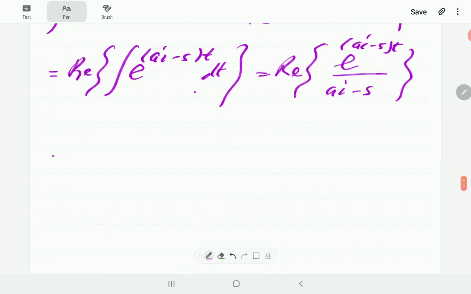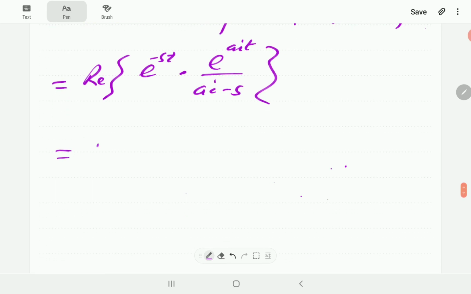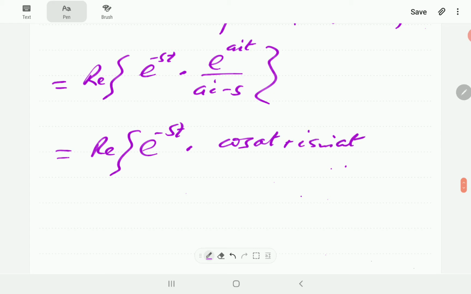So then we need to write that in terms of real part and imaginary part. If we extract the e to the minus st, then this is just e to the iat over (ia minus s). But then e to the iat is just cosine at plus i sine at.